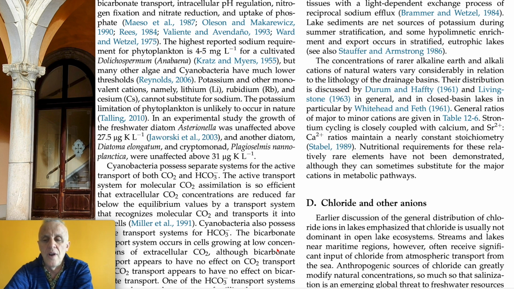The concentrations of rarer alkaline earth and alkali cations of natural waters vary considerably in relation to the lithology of the drainage basins. Their distribution is discussed by, etc. General ratios of major to minor cations are given in Table 12-6. Strontium cycling is closely coupled with calcium, and strontium and calcium ratios maintain a nearly constant stoichiometry.